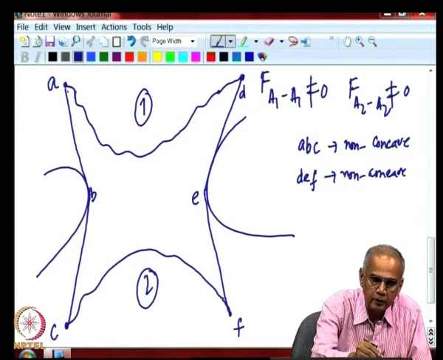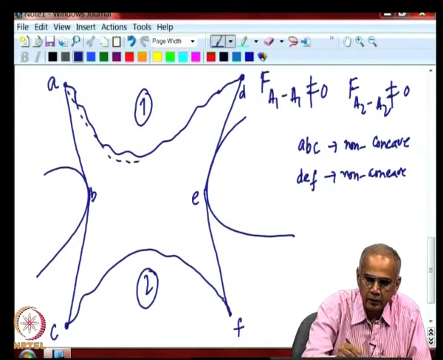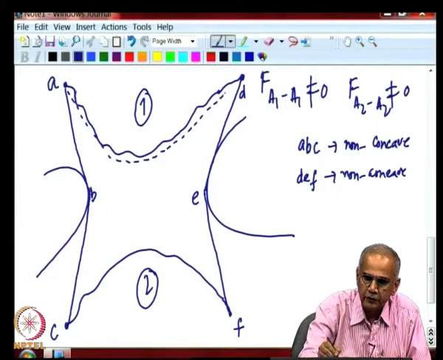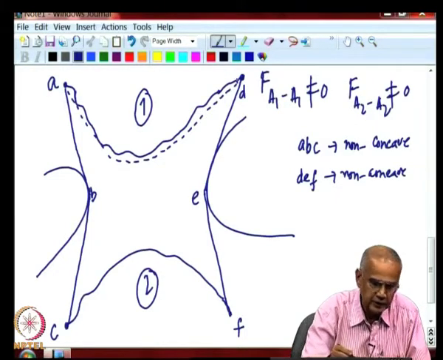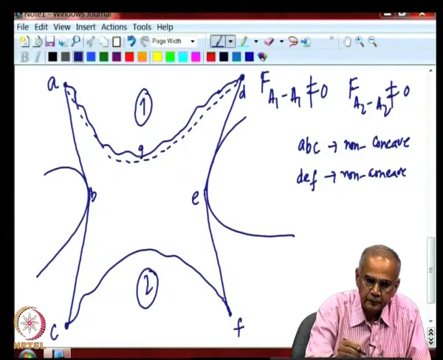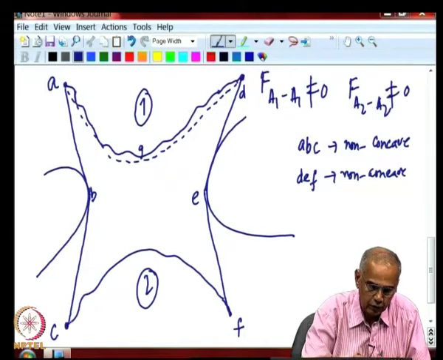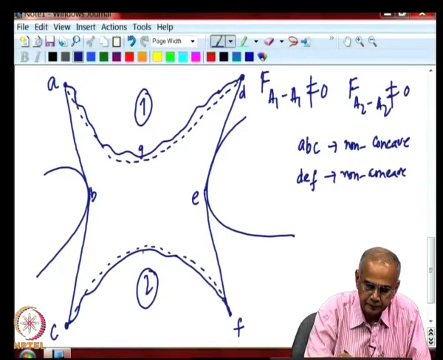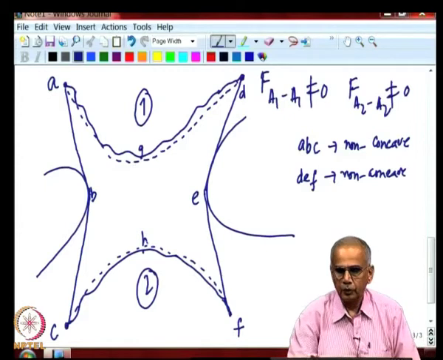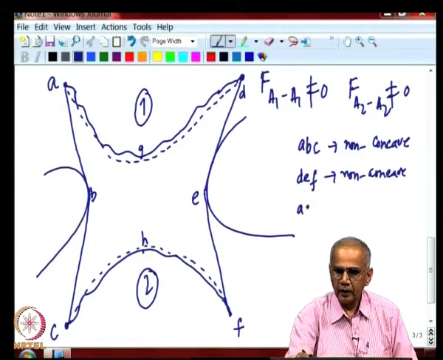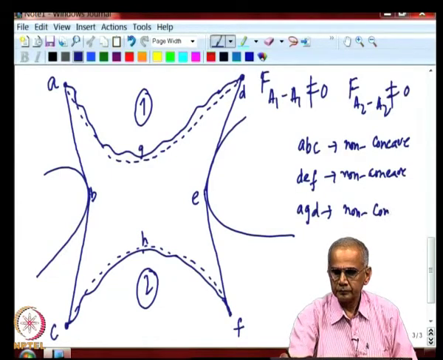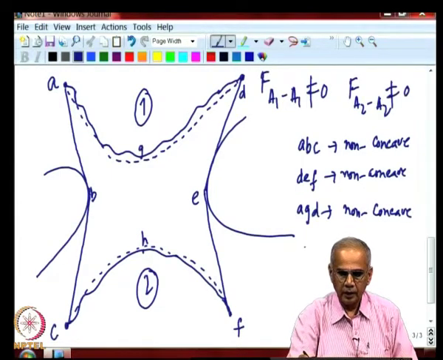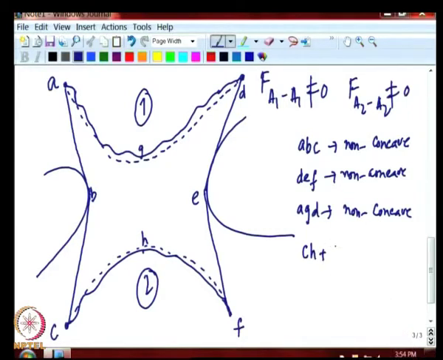So, now we will draw an imaginary surface AGD, which is always convex. Similarly, here also we will draw another imaginary surface CHF. So, notice that AGD is also non-concave and CHF is also non-concave.